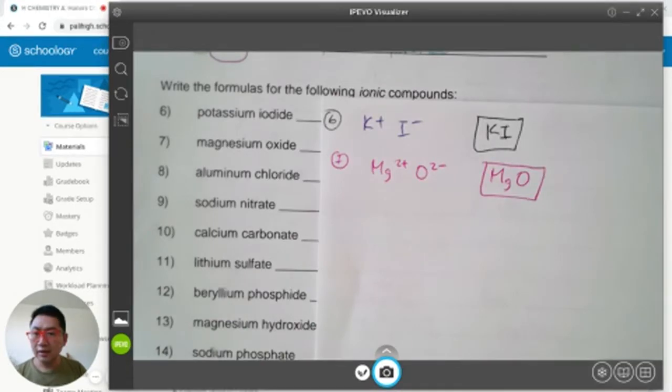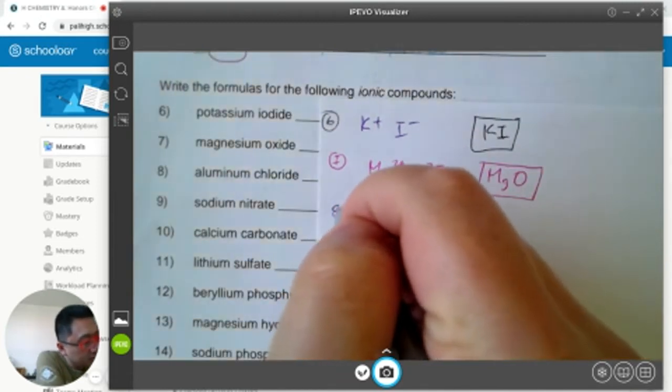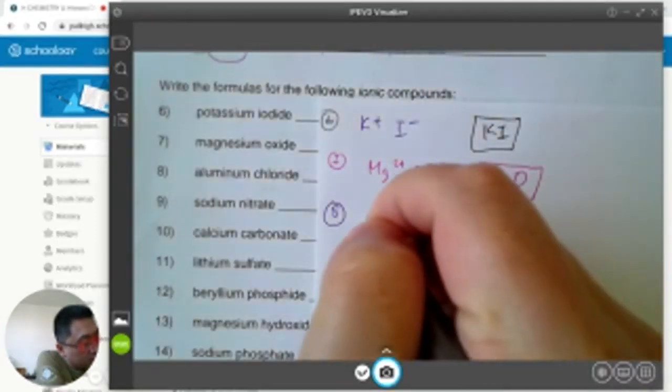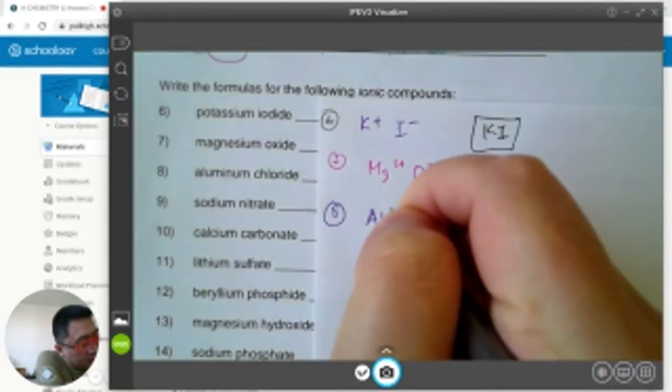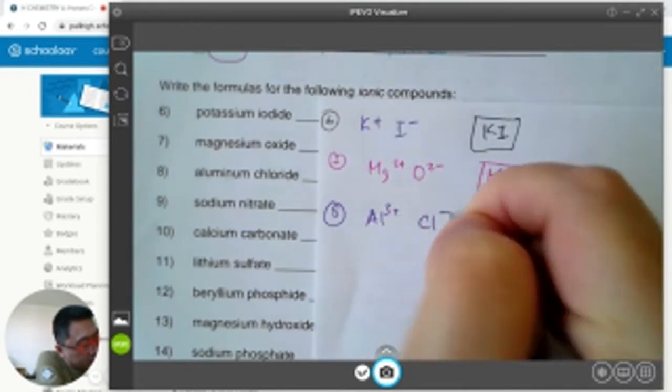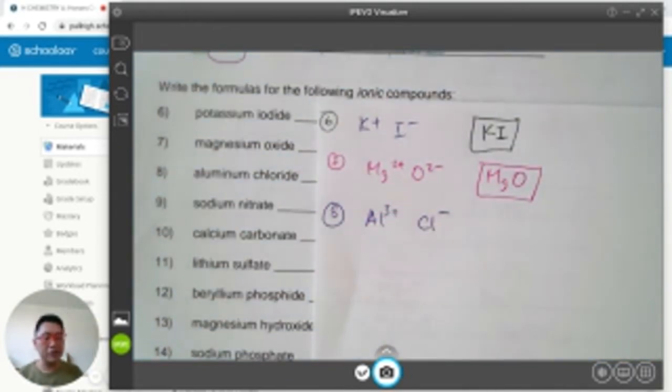The next question, number 8, is aluminum chloride. Aluminum is Al, its charge is +3. Chloride's charge is -1. Now, does +3, -1 add up to 0? No, of course not. So what's the formula of this thing?